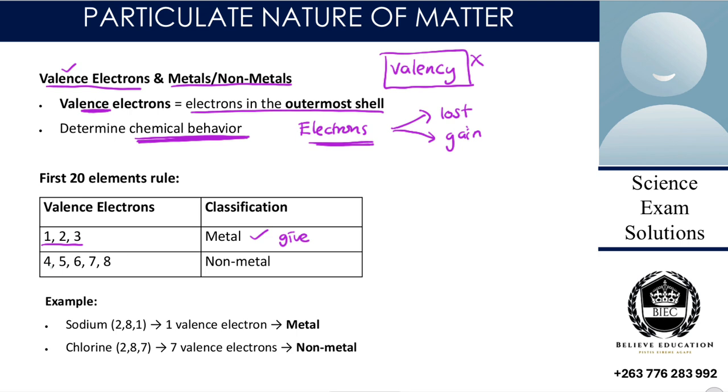And from 4 going onwards, they are called non-metals. But among the non-metals, we primarily look at these 3, which are 5, 6, and 7. Our 5, 6, and 7 receive electrons, they take in.